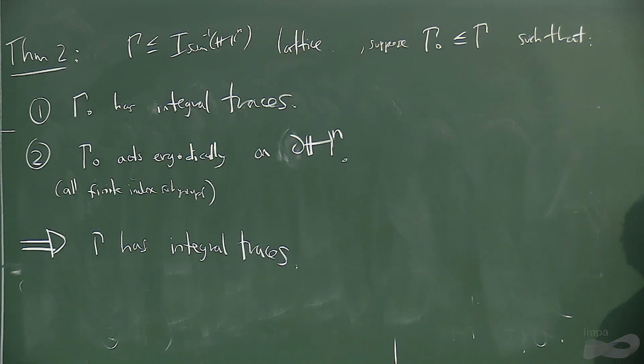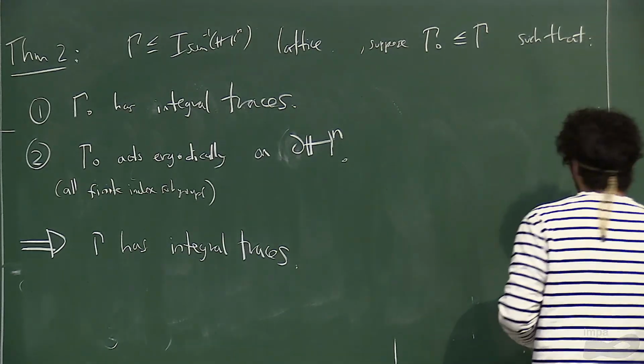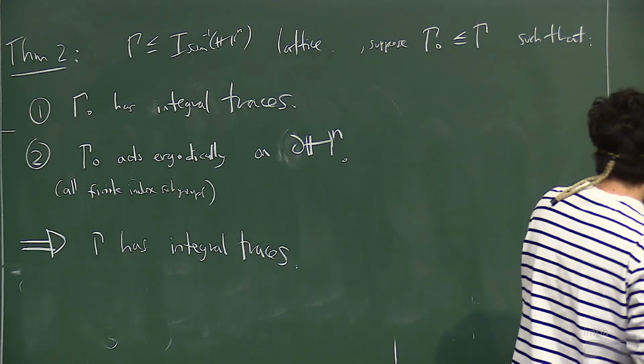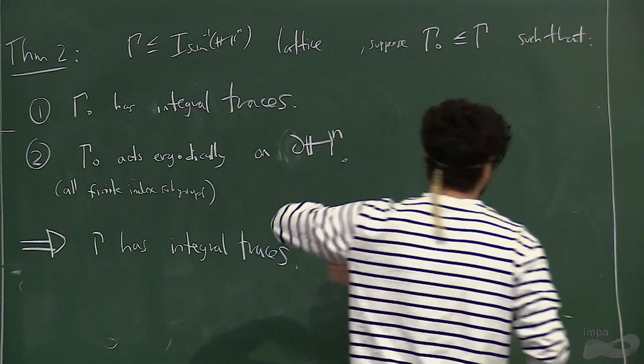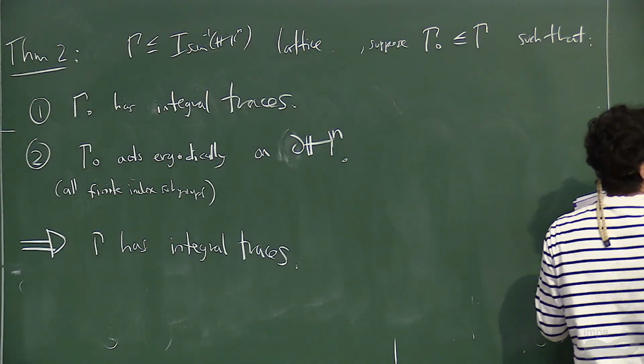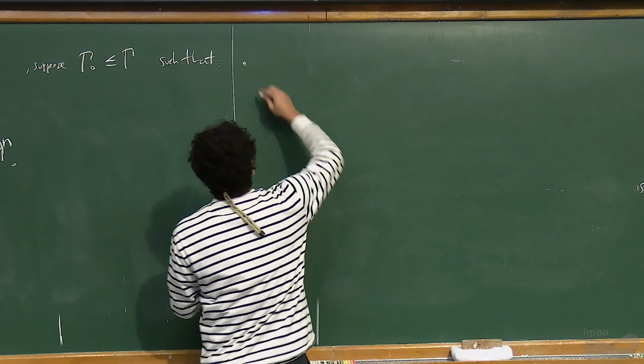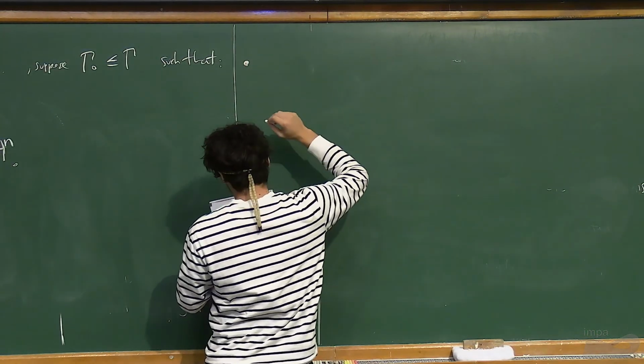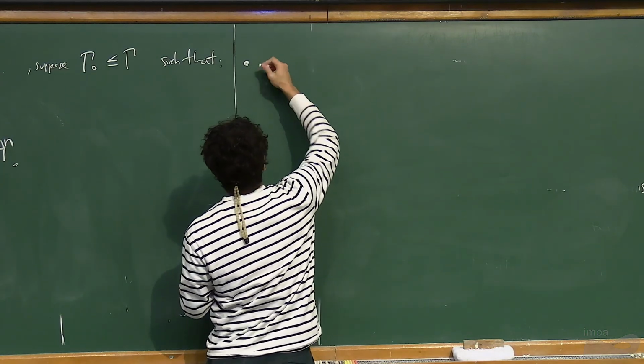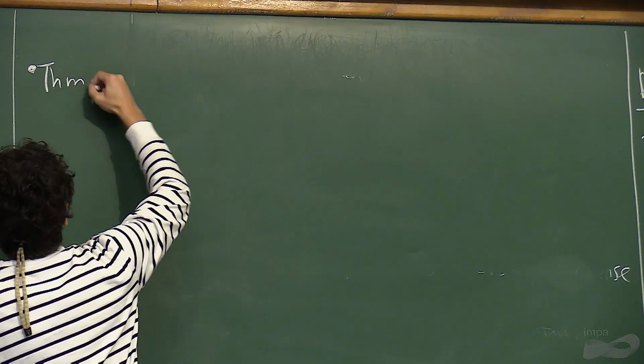They follow from a kind of abstract result about actions of discrete subgroups of Lie groups on buildings. Let me put this abstract theorem, and then I'll tell you something about the proof of it.